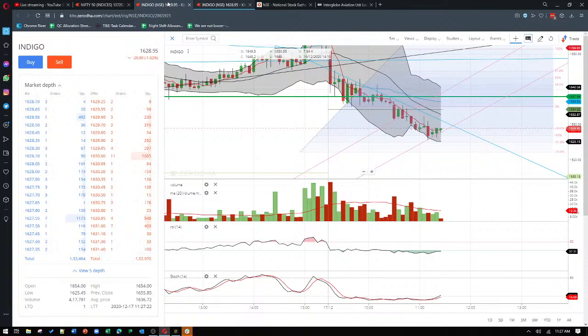Now we see 1 lakh 32 on the buy side and 1 lakh 32.9 on the sell side. So people are at the same level, just in terms of numbers. Who is going to dominate whom, we will see.